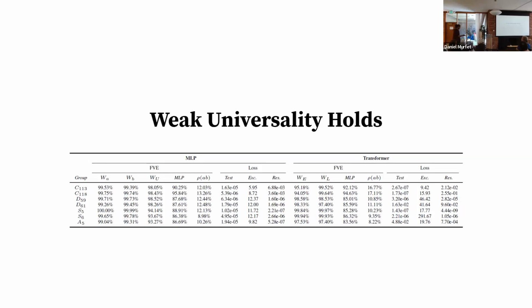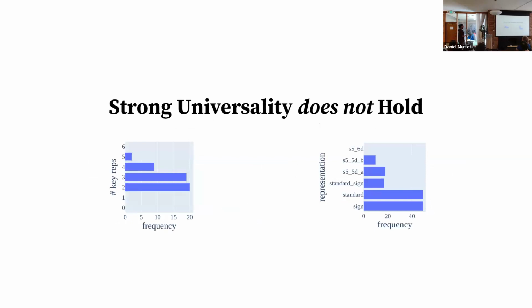The generalization of this to our algorithm is there's a number of irreducible representations of groups, and the algorithm can learn any of these. Taking this one step further, we can ask which representations do networks learn, and generically we find strong universality does not hold, in the sense that networks tend to learn different representations every single time.